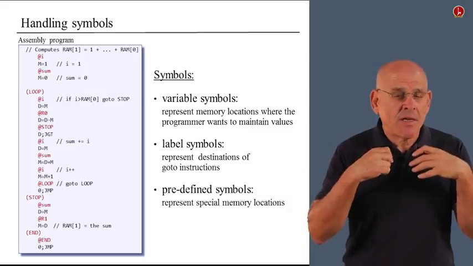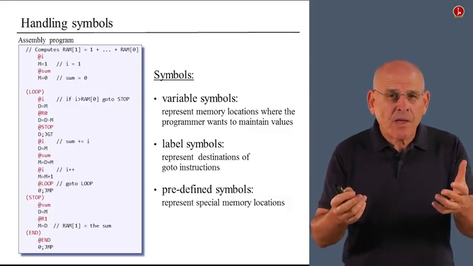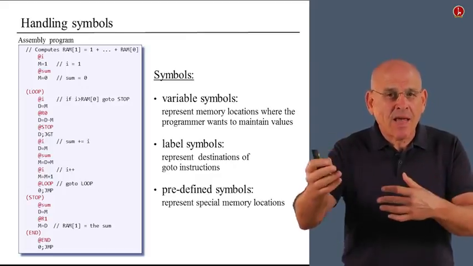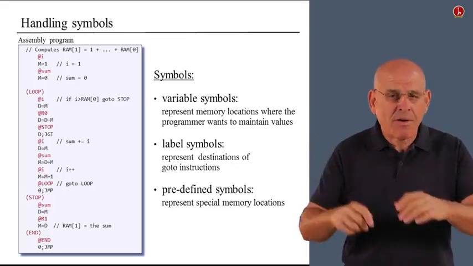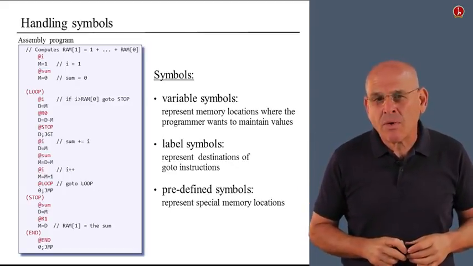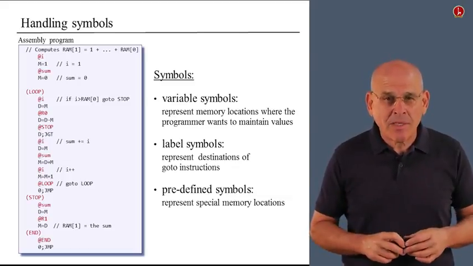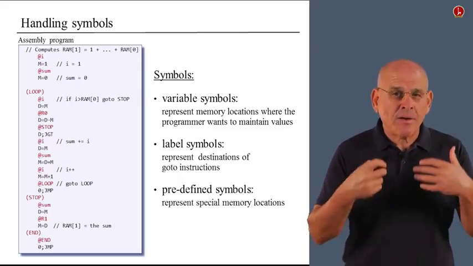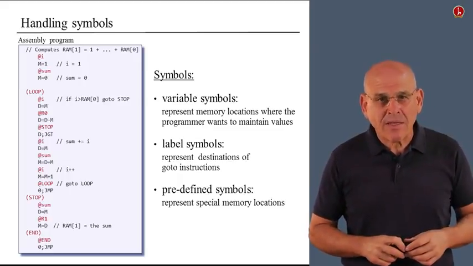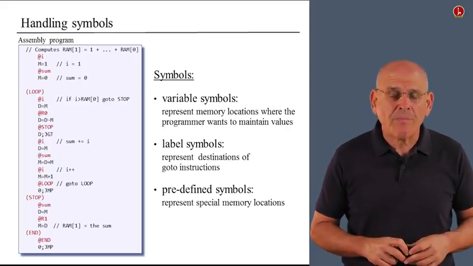As far as the programmer is concerned, he or she is going to say something like at sum or at x or at y, and let the assembler worry about where to store these or represent these variables in memory. Once again, this is a very nice abstraction that the assembler delivers to the practicing programmer. So this is one kind of symbols we have to worry about.